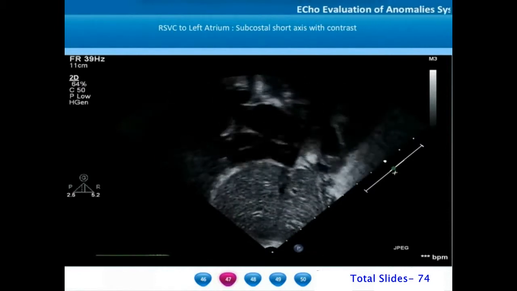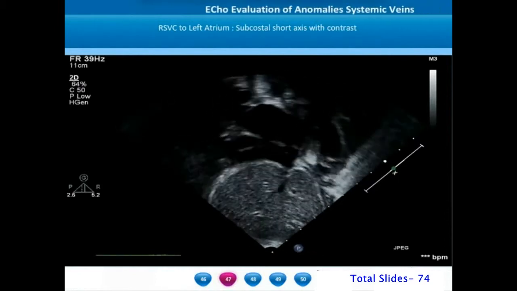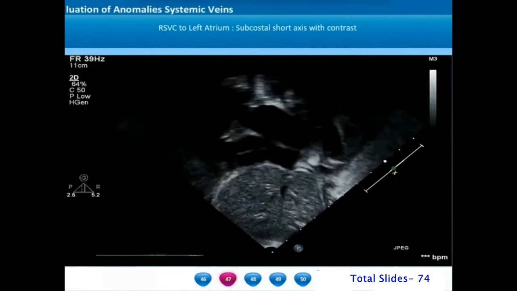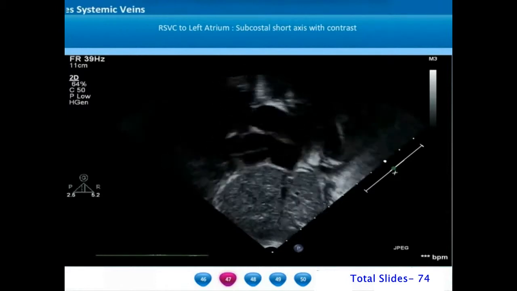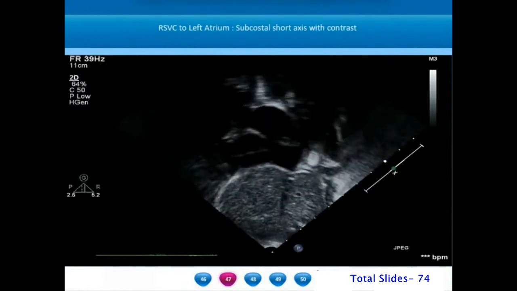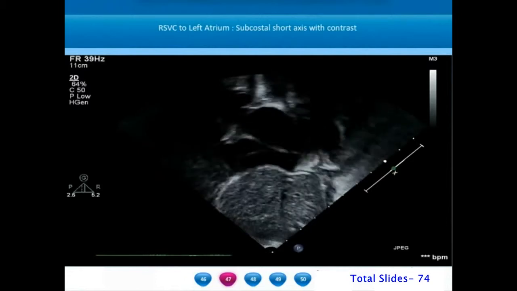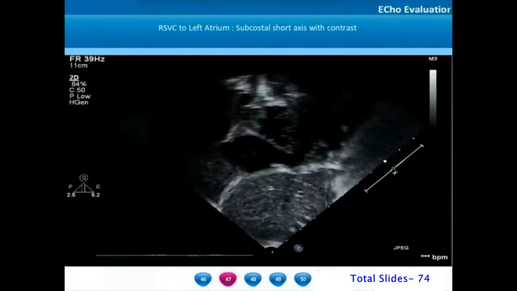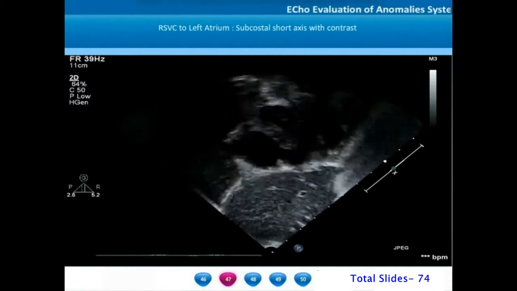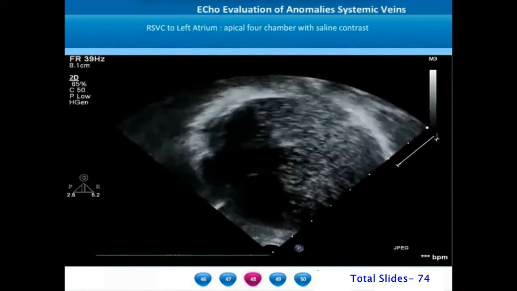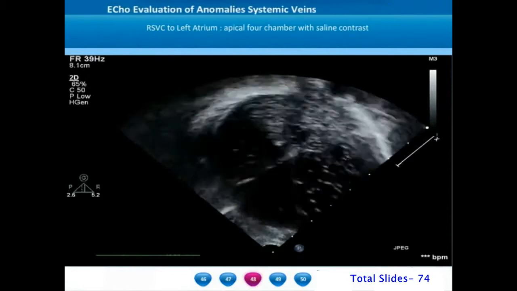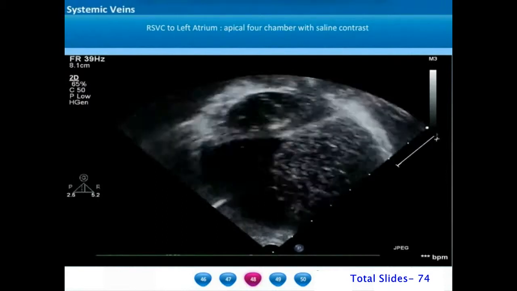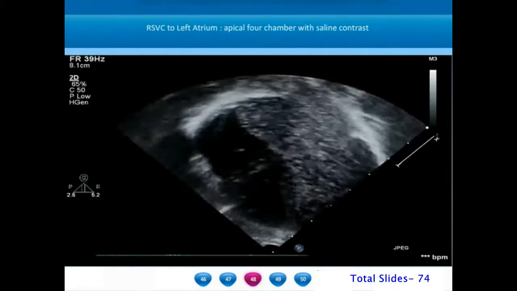On an agitated saline contrast echocardiogram, when we make an injection in the cubital vein, we can see the flow of the agitated saline through the right superior vena cava into the left atrium, and there is no filling of the right atrium. On an apical view, we can appreciate the agitated saline injection filling directly the left atrium and left ventricle, and not the right atrium and right ventricle.